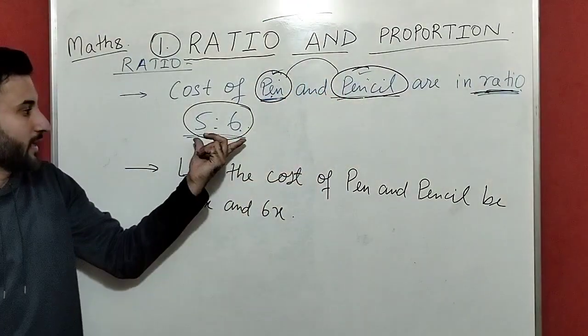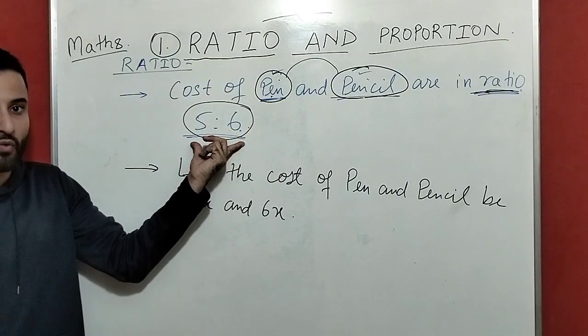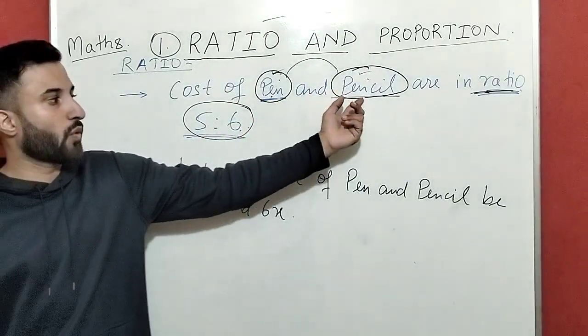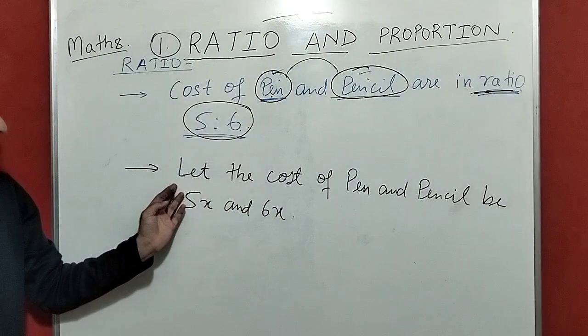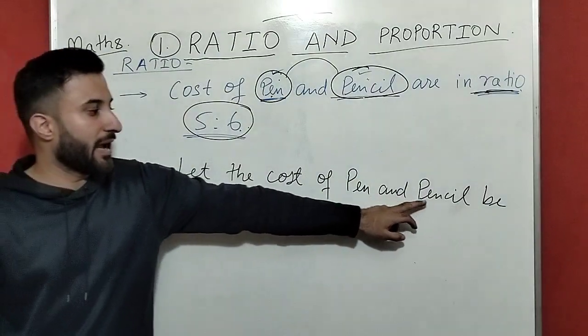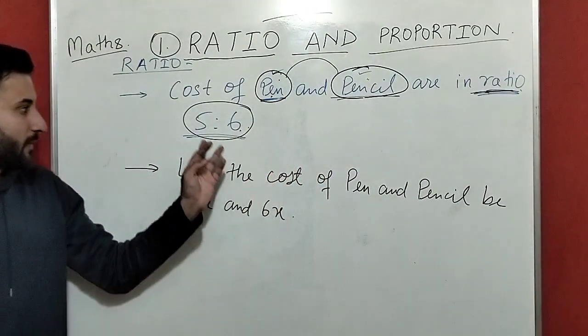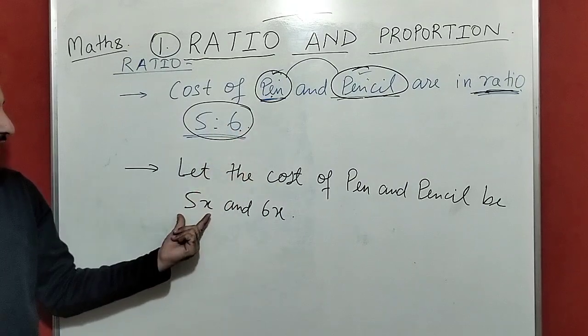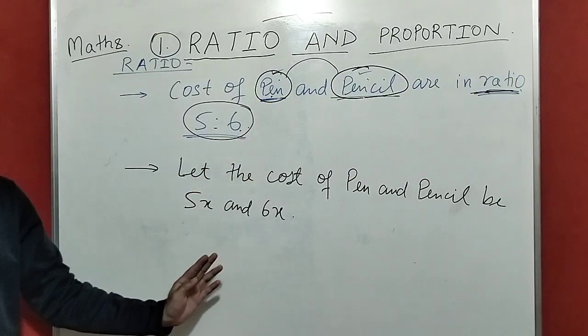We will write like this: let the cost of pen and pencil be in the ratio 5:6. So we will write 5x and 6x.